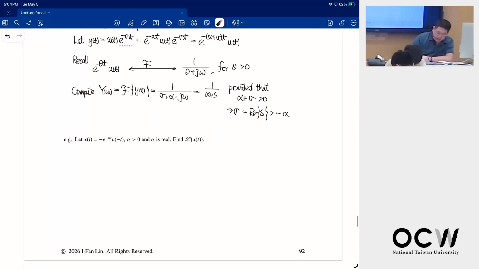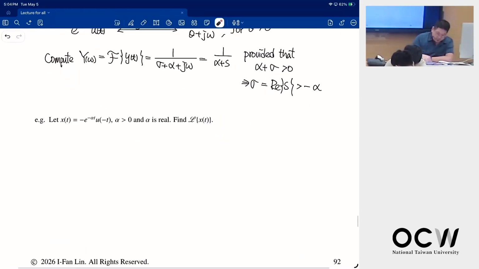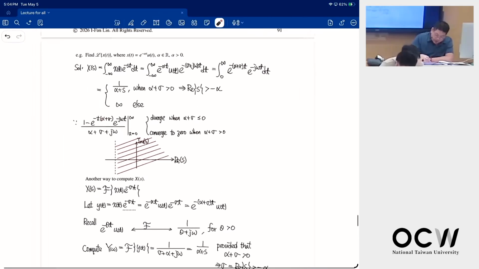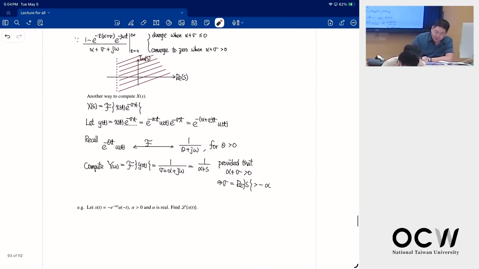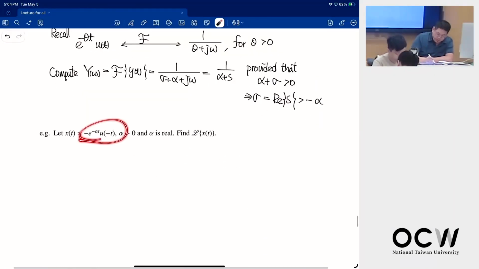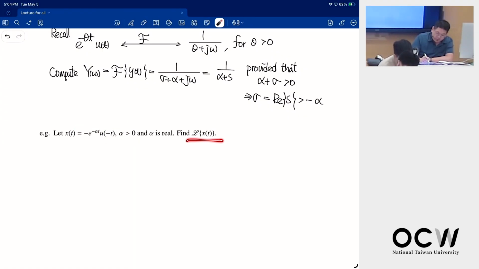Let's see another example and with some observation. Here you can see now my signal is e to the minus alpha t times the unit step function. Here another exponential times the reverse of the unit step function. Okay, I want to find the Laplace transform.